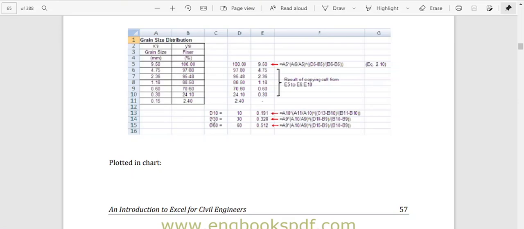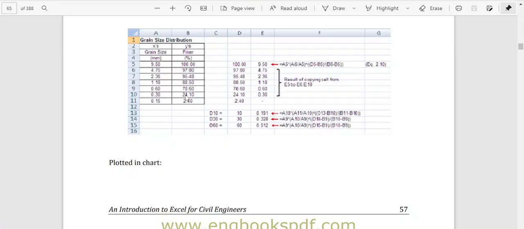So your D13, you can see this is the value that is known. That is the x value that we are looking for. So we have your D13 minus B10.